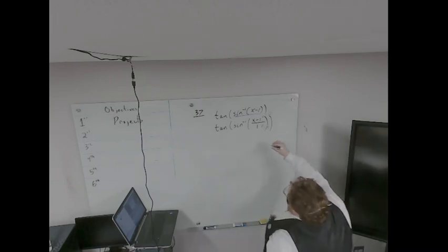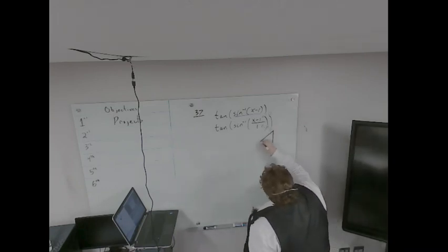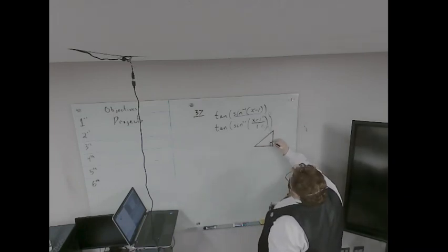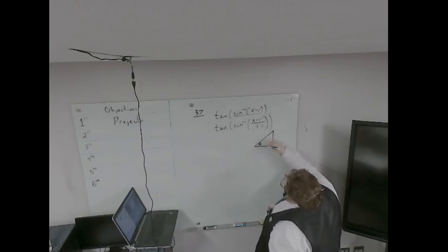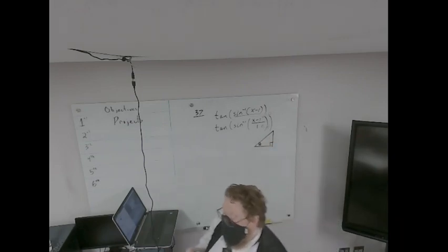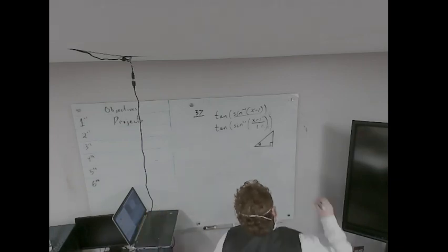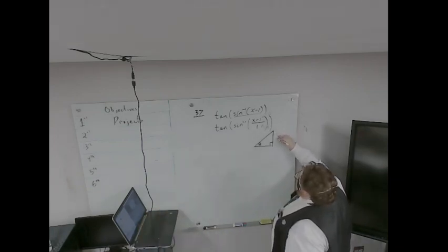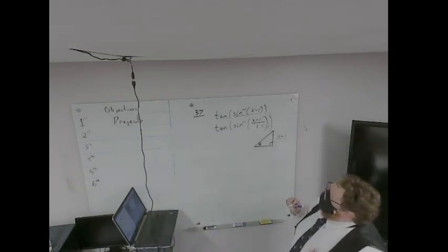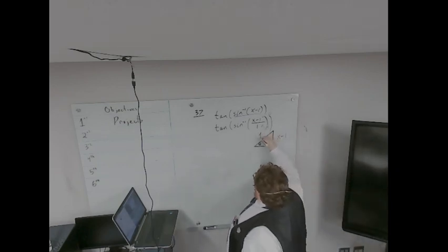I take this problem and turn it into a triangle problem. Well, I got a right angle down there. I have theta down here in the corner. And I have sine inverse to find. Sine inverse, as it says in the problem, is x minus 1 over 1. That means my opposite side to theta, which is over here, is going to be x minus 1. My hypotenuse to theta is going to be 1.